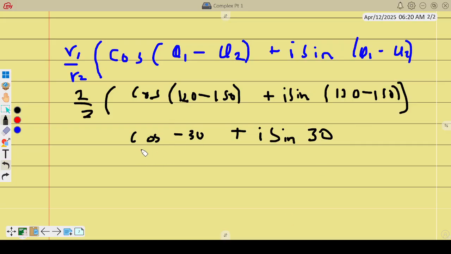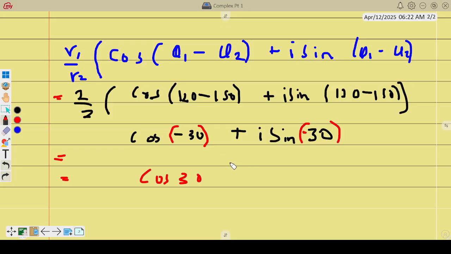You should take note that when we have cos of a negative angle, cos is an even function, so the negative goes away. So this is equal to cos 30.